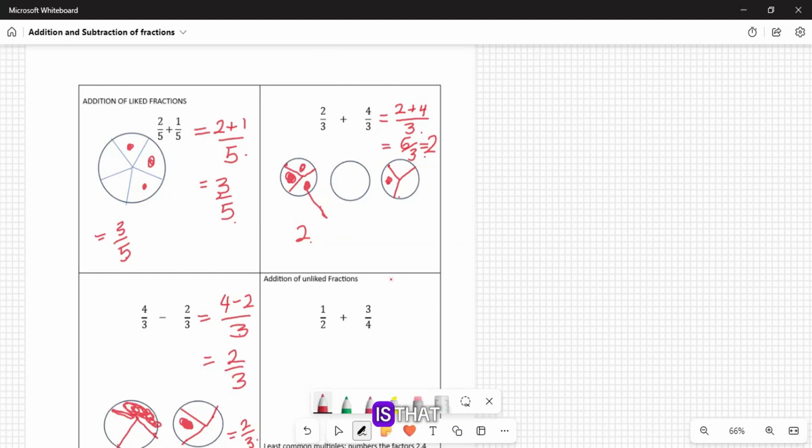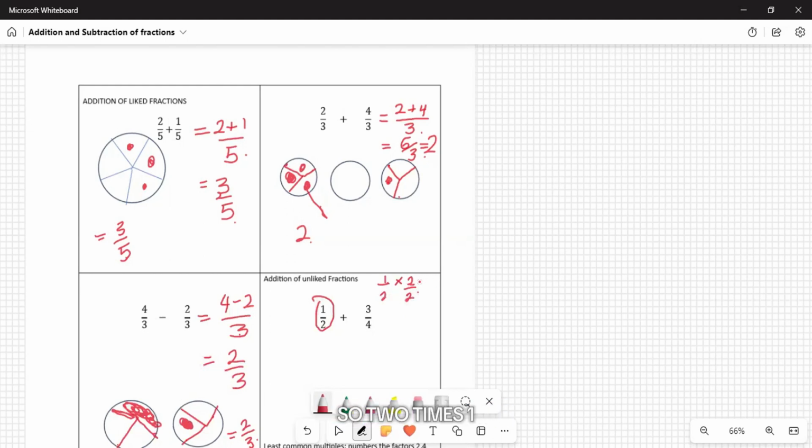So what I'll do is that I'll find an equivalent fraction for this. Okay, so let me work it out here. So you have 1 over 2. Then I want an equivalency whereby the denominator would be 4. So I multiply the numerator by 2, and I multiply the denominator also by 2.